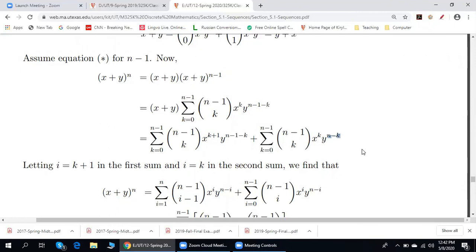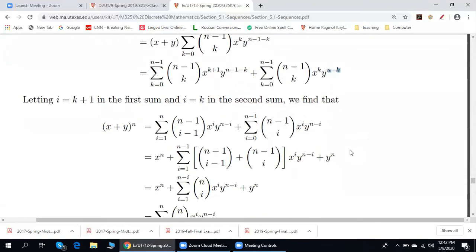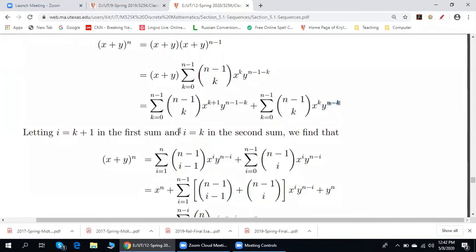Here is what we do next. Let us replace in the first sum k plus 1 by i, and in the second sum k by i.